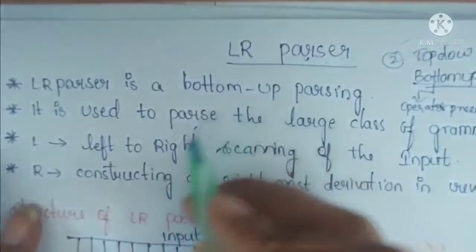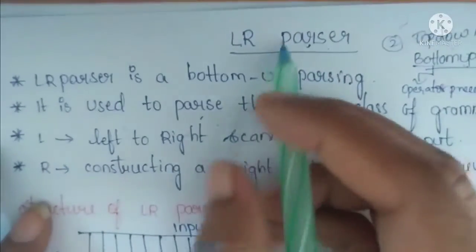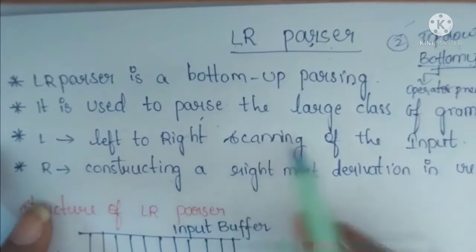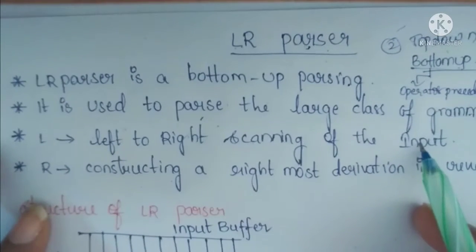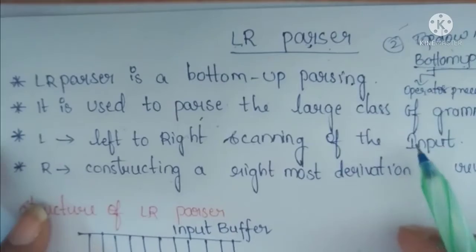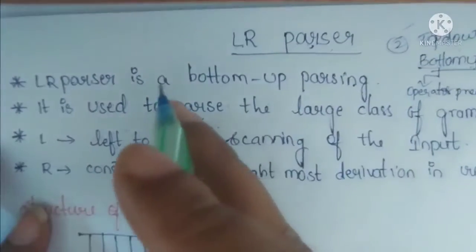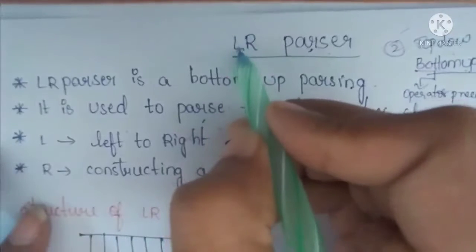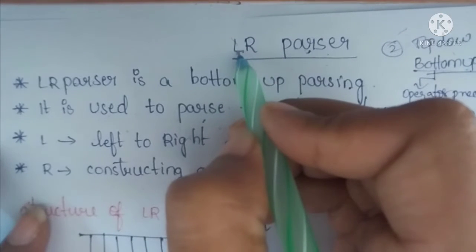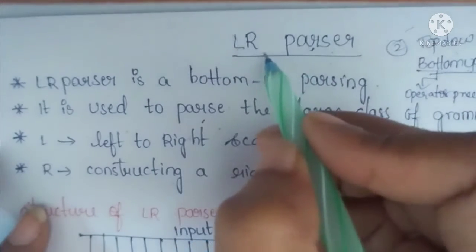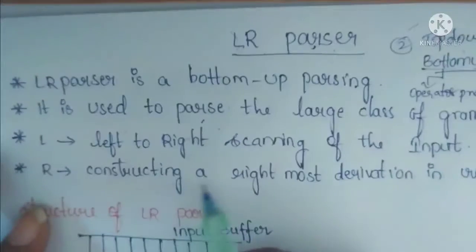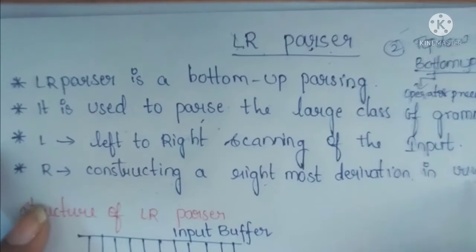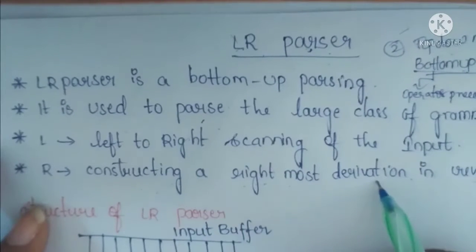In the LR parser, the first L represents the left to right scanning of an input string. That is nothing but scanning the input from the left to the right position. The second, R, represents the construction of a rightmost derivation in reverse. So the rightmost derivation will be performed, not the leftmost.